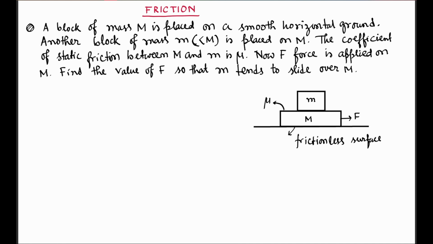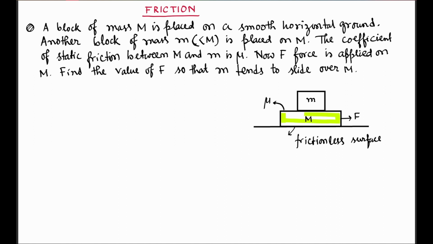Now F force is applied on larger mass. Find the value of F so that small block tends to slide over large block. Now in this question, force is applied on capital M in this body.